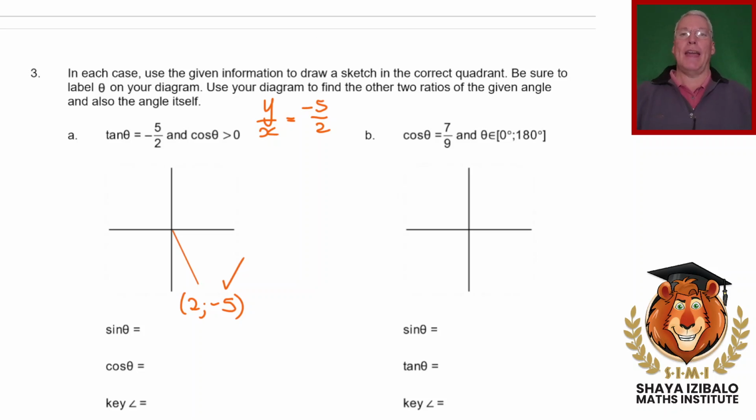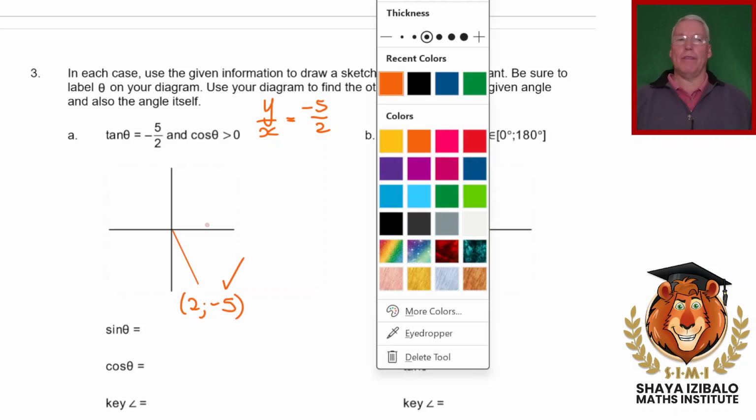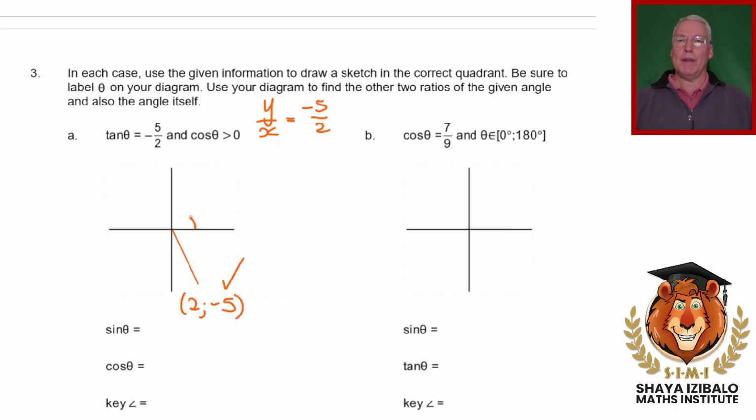Theta is the angle, and the angle is measured the whole way around from here right round to there. It looks to be about 300 degrees. It's definitely bigger than 270. Remember that this is 270, this is 90, this is 180, that's 360.